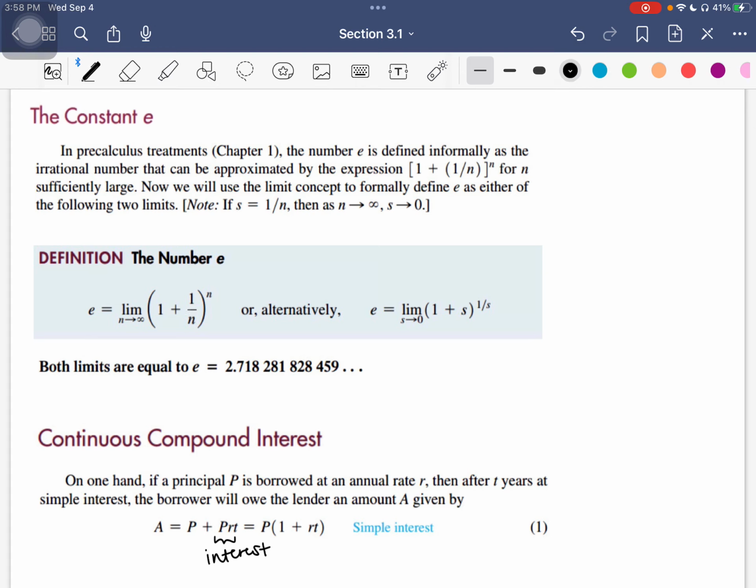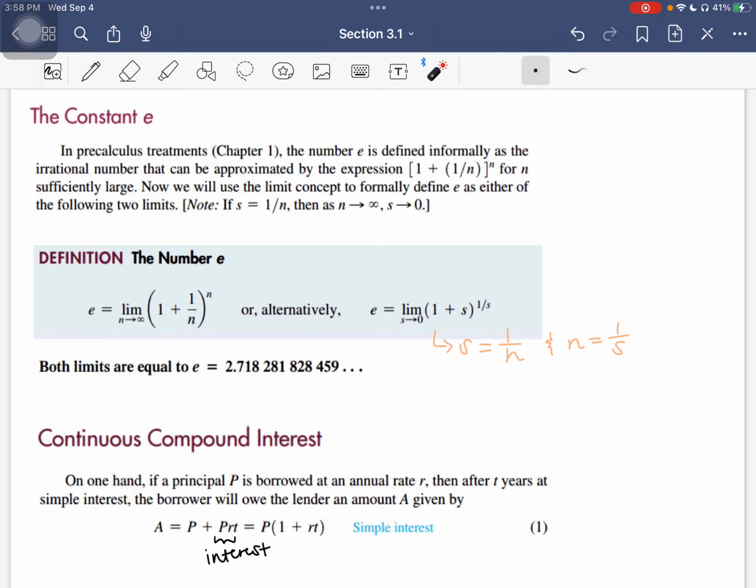And so what they did in this case, as you can see here, is that they said S is equal to 1 over n. So S is this here. So then this tells us that n is going to be equal to 1 over S. And we can see that's the case here because we have now, instead of to the power n, the power 1 over S.